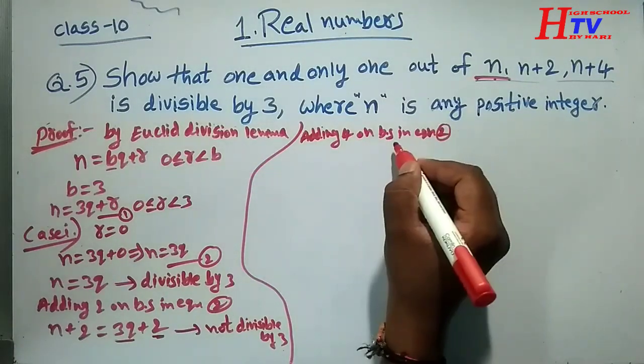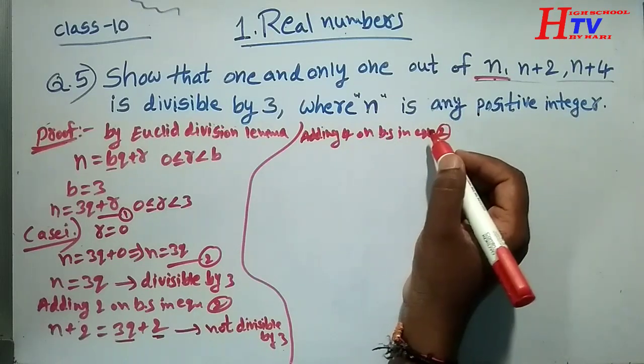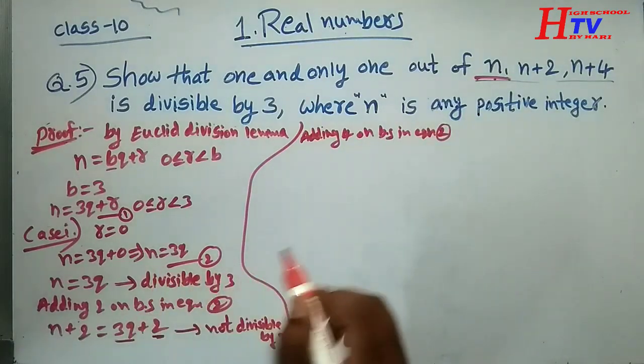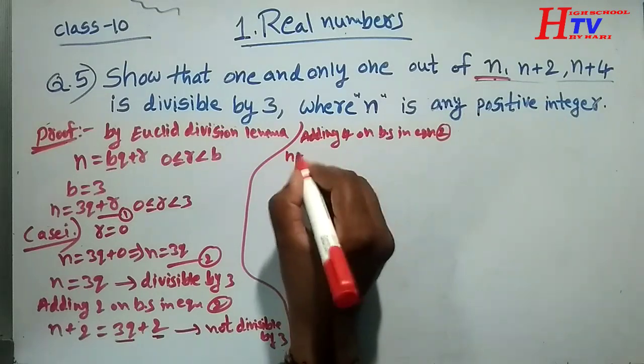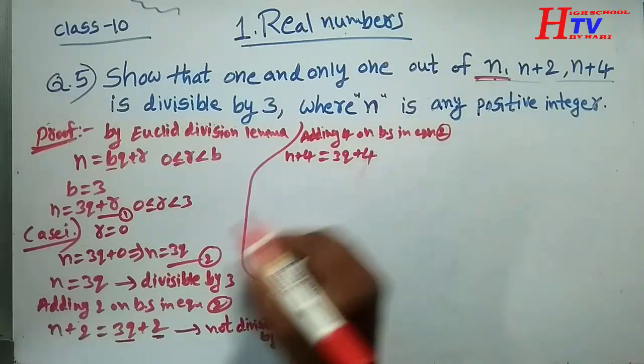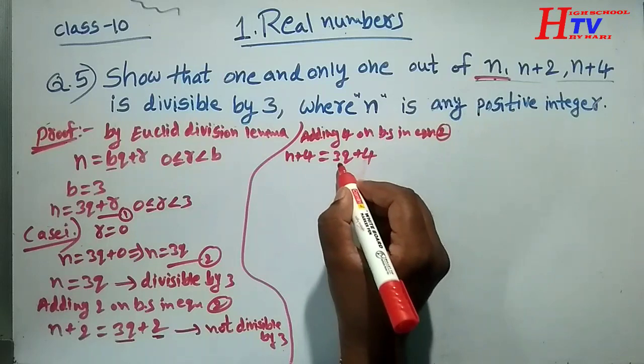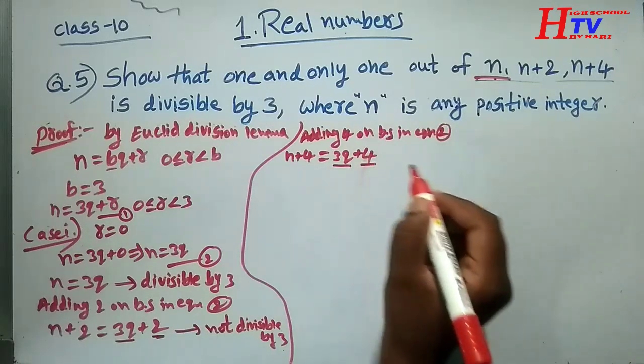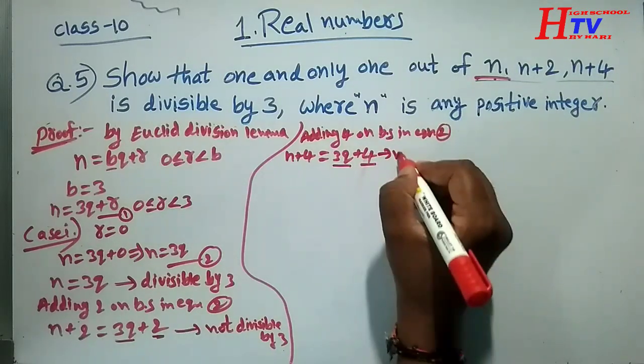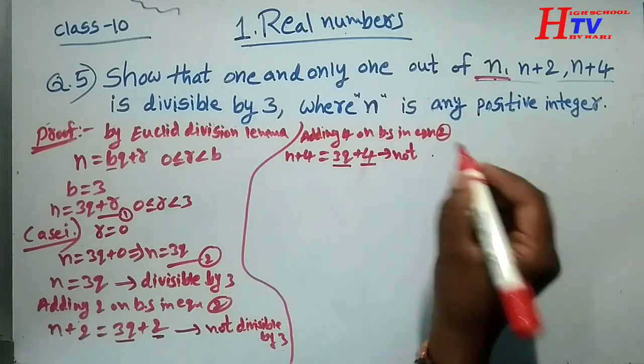Adding 4 on both sides in equation 2, this becomes n plus 4 equals 3q plus 4. It is a multiple of 3 and it is not a multiple of 3. It is not divisible by 3.